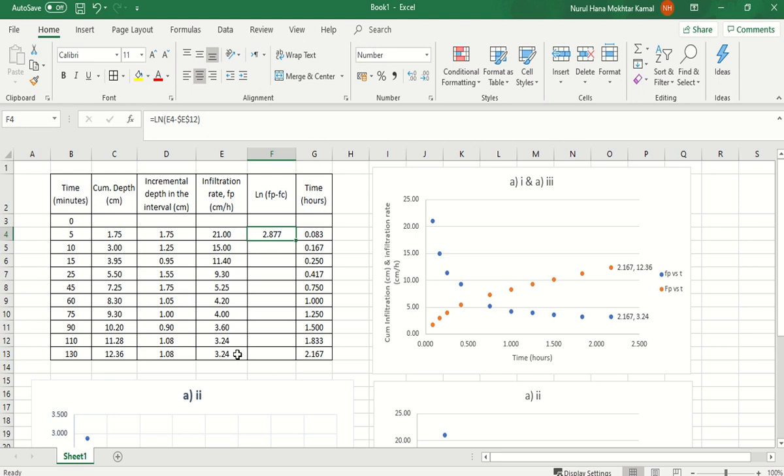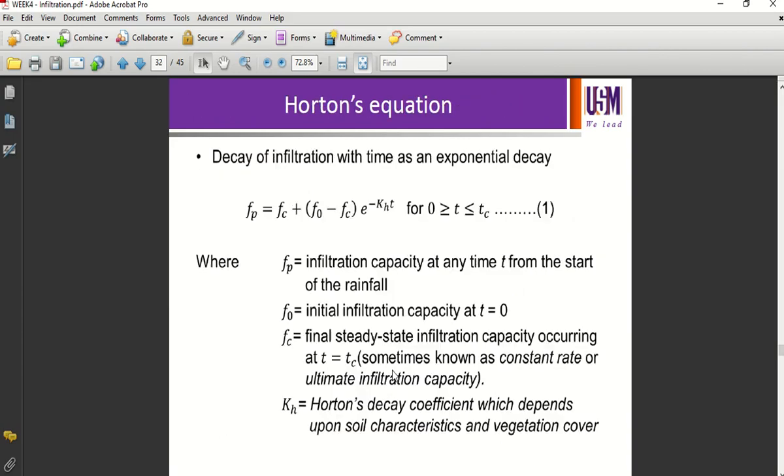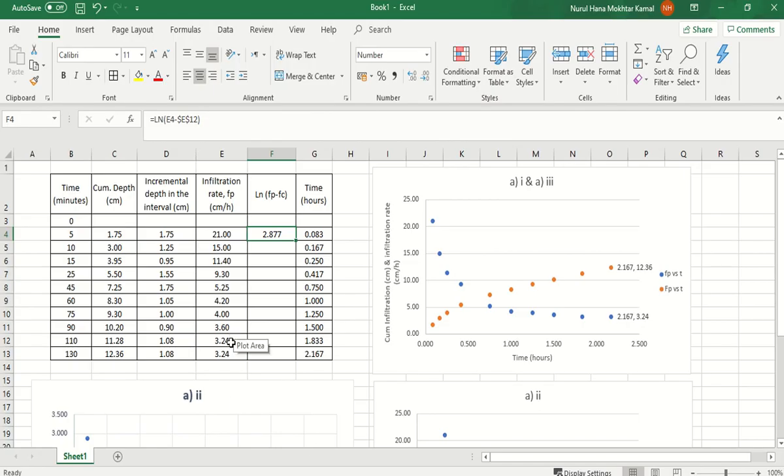So it means after this time, there are no more increment in the infiltration rate. So this is actually what we call the final steady state, where the rate does not change anymore. So we will use this value and plug it in here, this fc.